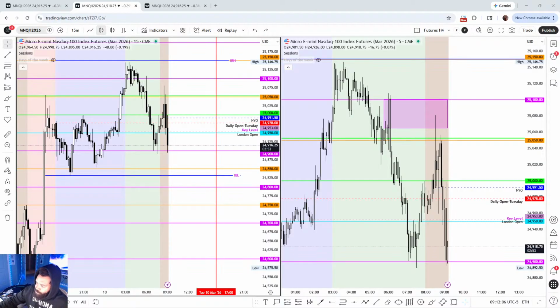Alright, I'm kind of watching this area here, since we're failing to push lower than 24.9s. It might have already popped.